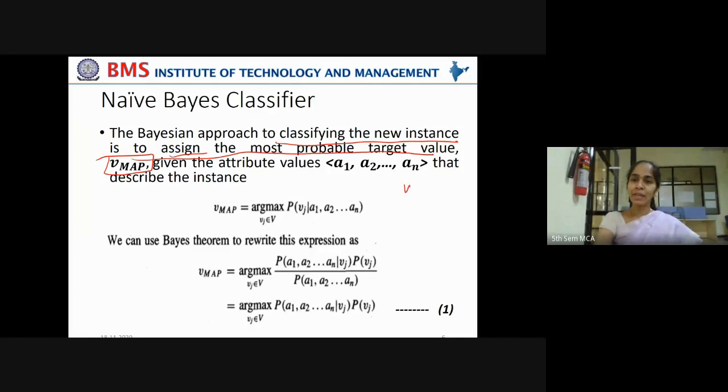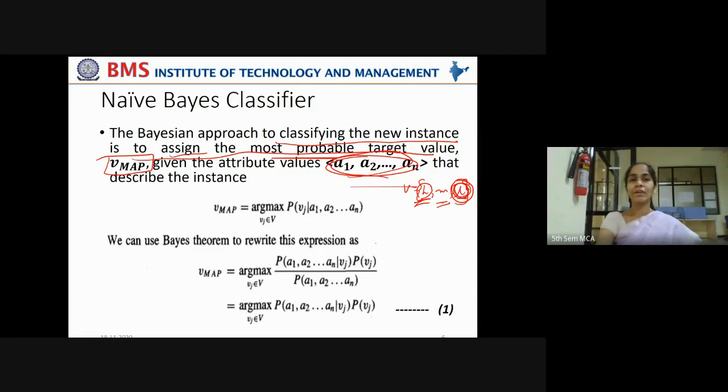Say V consists of high, medium, and low. Now, for this combination of attributes, if high has the highest probability of occurring with this combination, then you assign that to the target variable, or to the new instance. If the set of attribute combinations gives rise to low, and this has the highest probability of occurring with this combination of attributes rather than the other two, in that case this will be assigned as the target outcome, right?